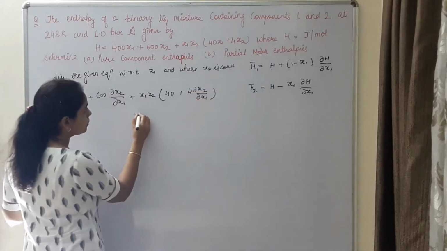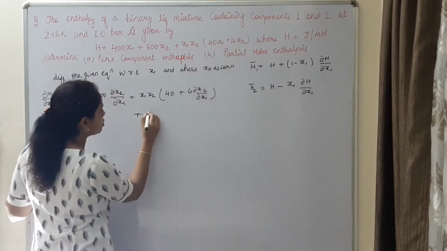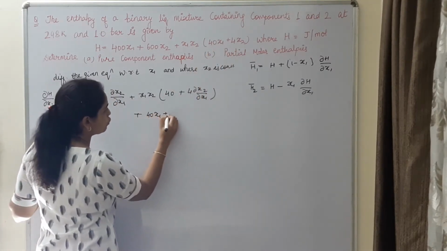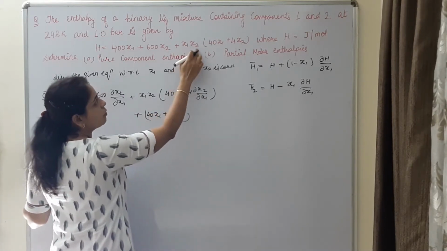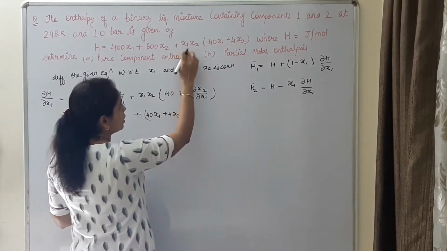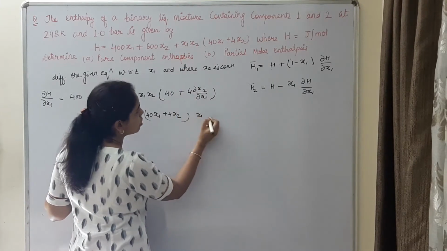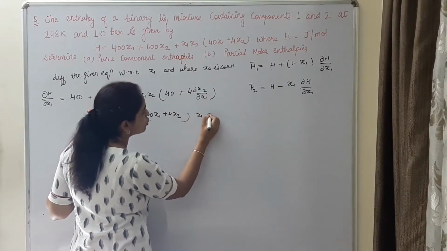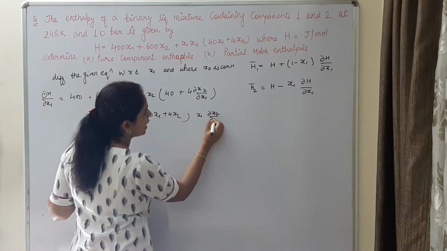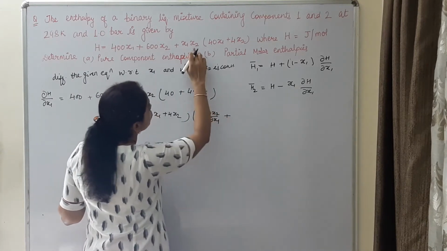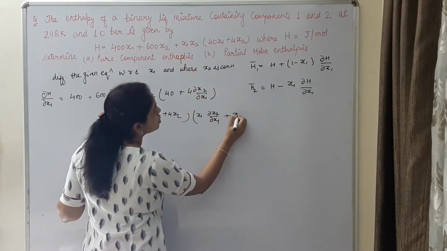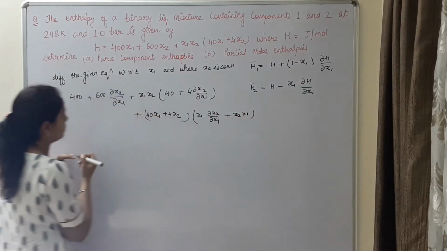Then this term is constant, (40 x1 + 4 x2). Now we have x1 into x2, again we apply the product rule to differentiate this. So x1 is constant, the differentiation of x2 is ∂x2/∂x1, plus x2 is constant and the differentiation of x1 is 1.